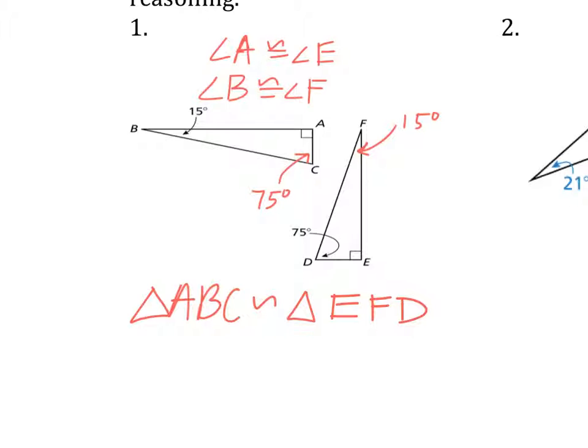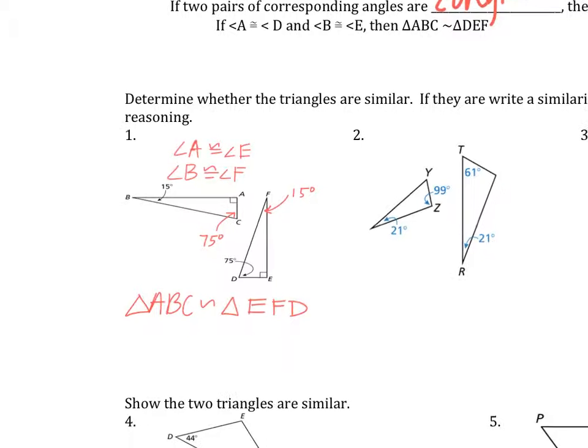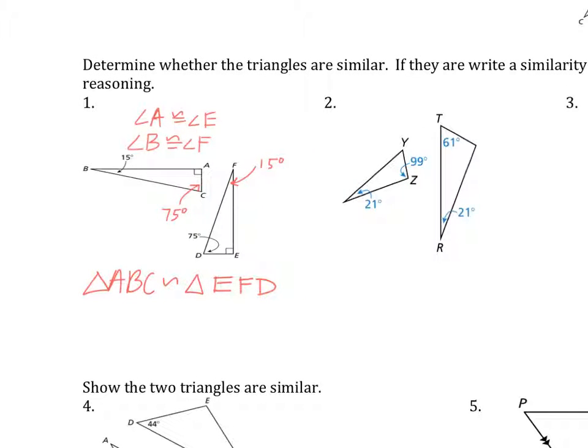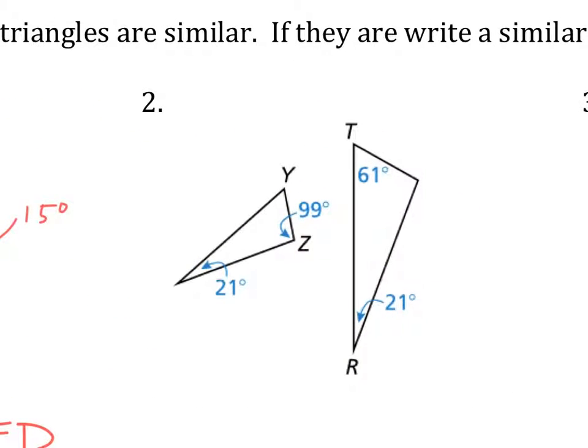Number 2, go ahead and find the missing angles there as well. So if we know the triangle sums to 180, you're finding your missing angles.